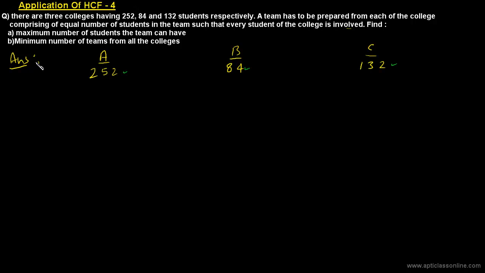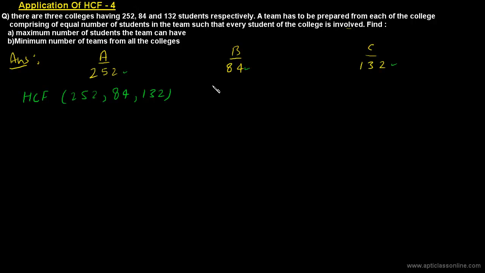That is, we have to find the HCF of 252, 84 and 132, because the HCF of 252, 84 and 132 will be that highest number which will completely divide 252, 84 and 132. No student is left, no number is left.